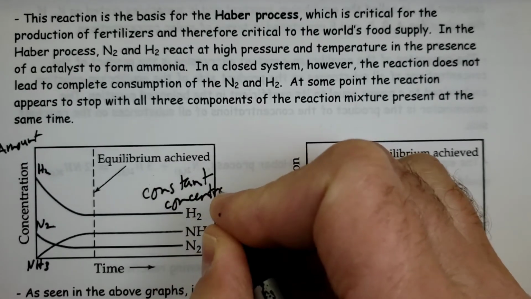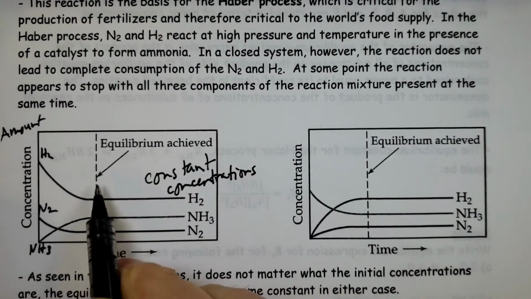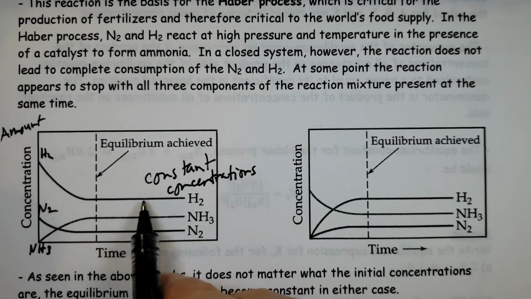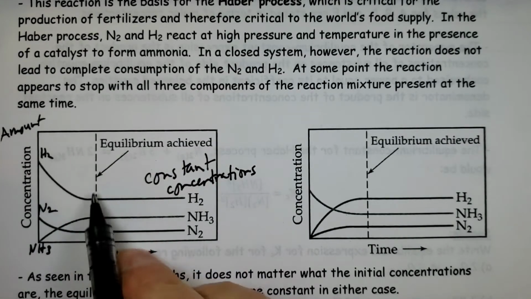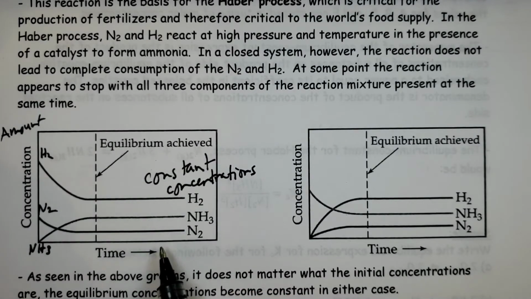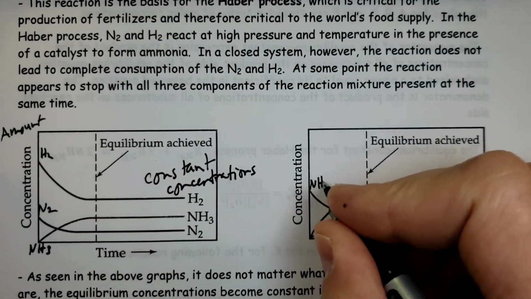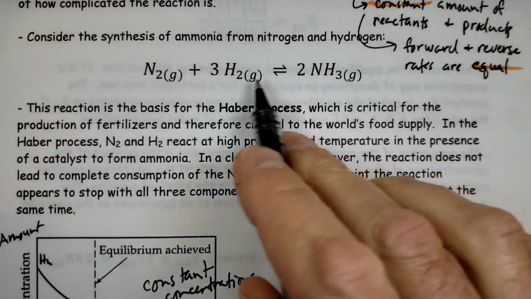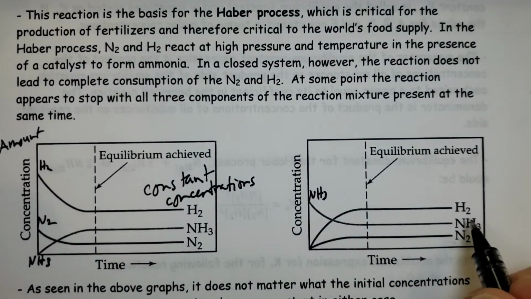We saw a graph like this in the previous section, EQ1.1. The flat lines or plateaus come to be about right here. We would say equilibrium is achieved right here when these become constant. If I had started off with just ammonia in a system, it would break down and make nitrogen and hydrogen until, of course, we would reach constant concentrations again.